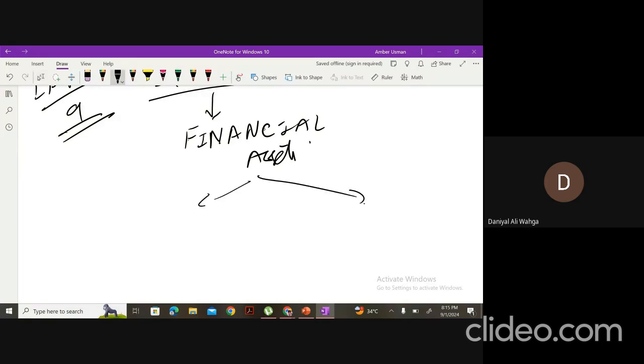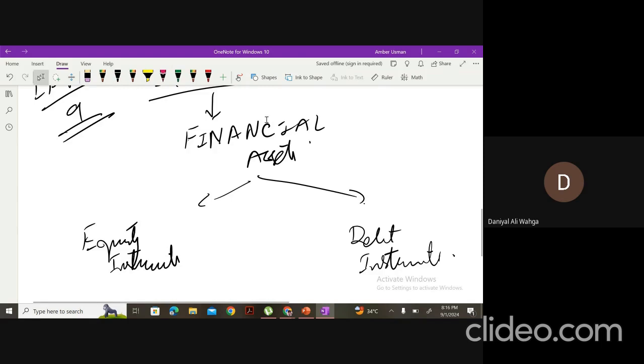One is in the form of equity instruments: you have invested in the ordinary shares of the other company. Or those are debt instruments: you have invested in the loan notes, bonds, or loan stocks of that particular company.